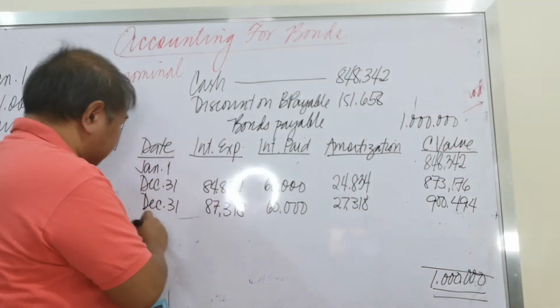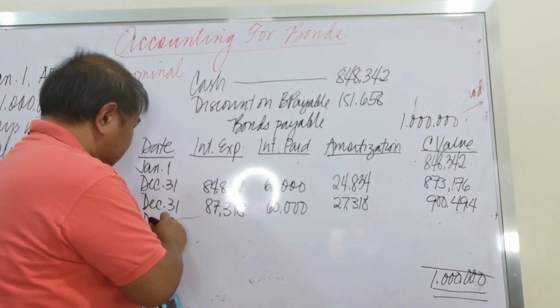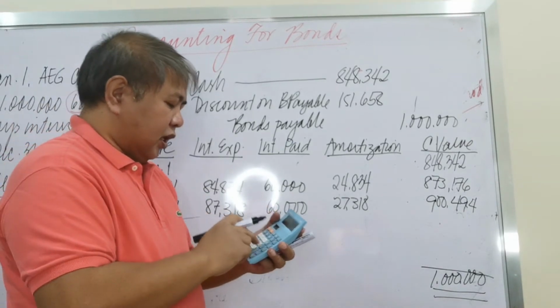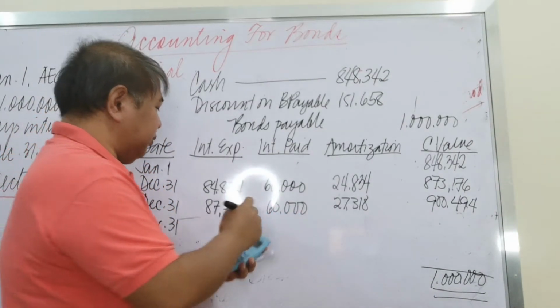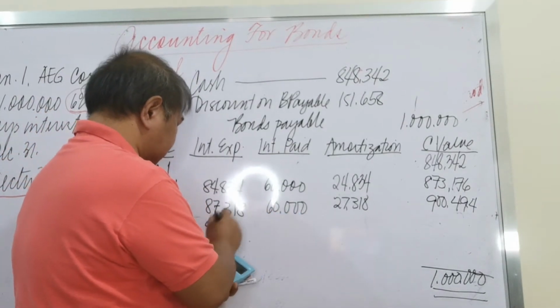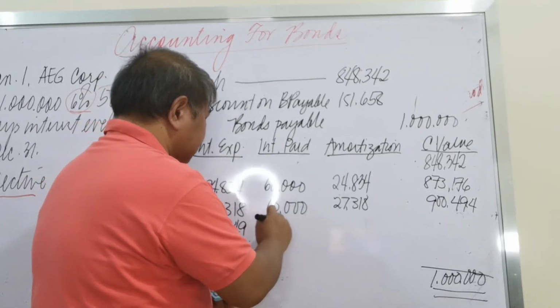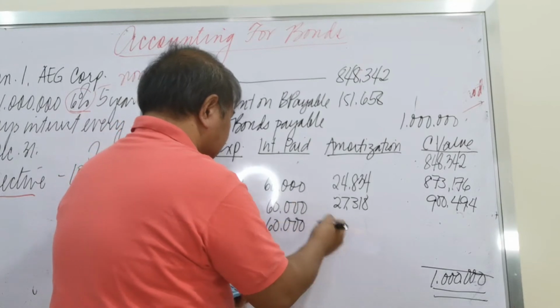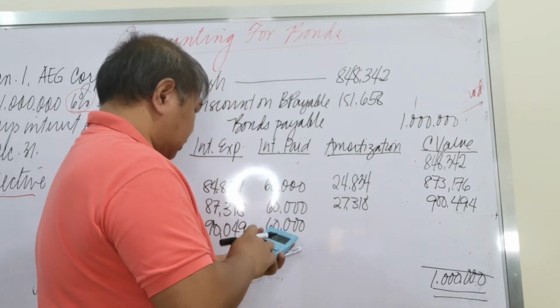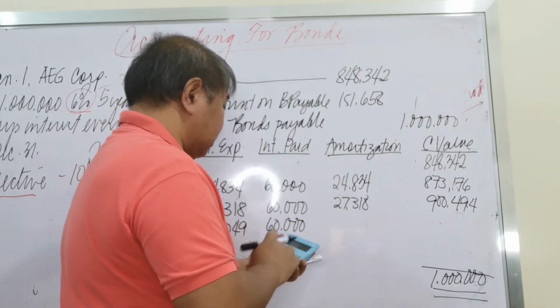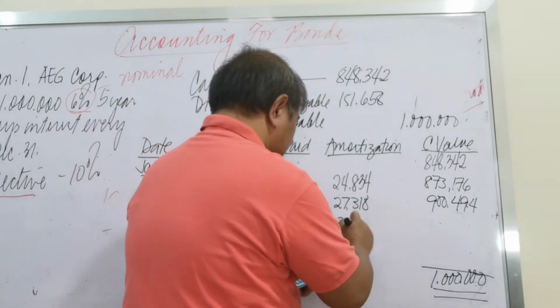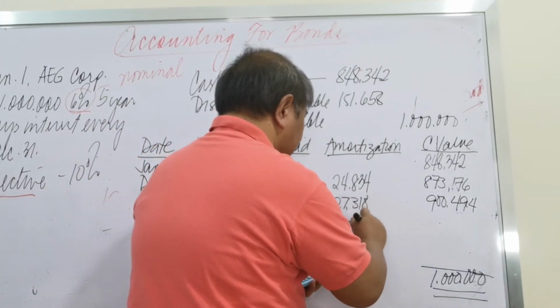Then again, December 31, times 0.10. So that would be 90,049 as against 60,000. So therefore, less 60,000, 30,049.